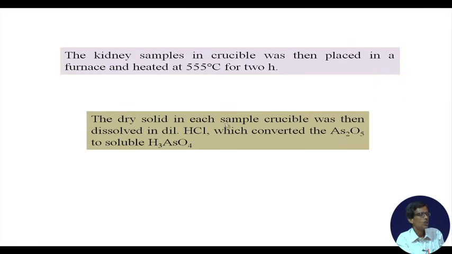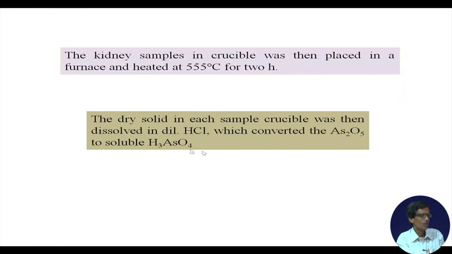What will we do? We cool the crucible and dissolve the sample with dilute HCl. Dilute hydrochloric acid will react directly with this oxide form to give soluble H3AsO4, the acid related to arsenic in the pentavalent state.